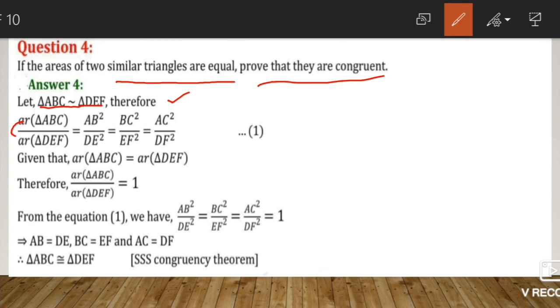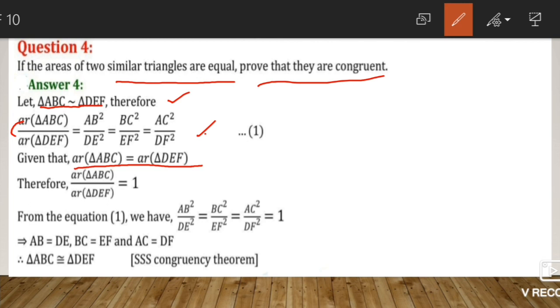That is, area of triangle ABC by area of triangle DEF is equal to AB by DE whole square, BC by EF whole square, AC by DF whole square. Now, the condition given is that the areas of the two triangles are equal, that means area of ABC is equal to area of DEF.